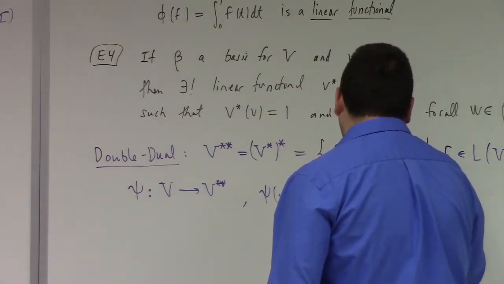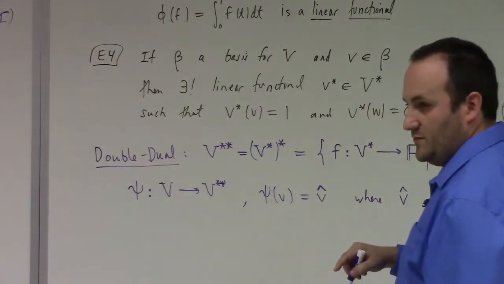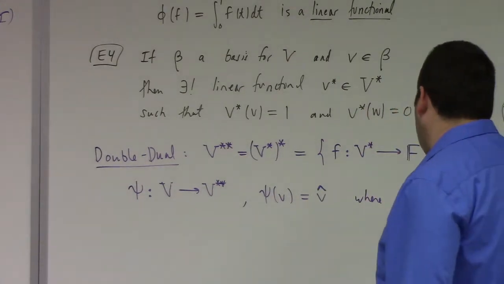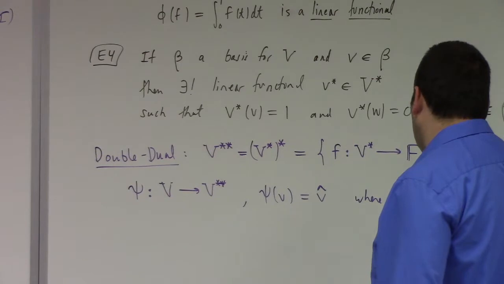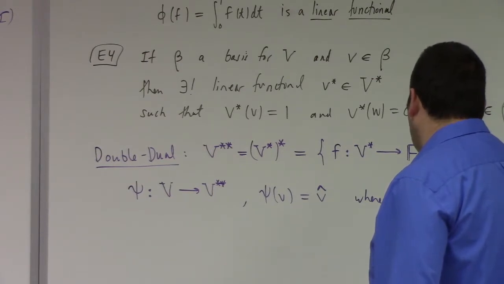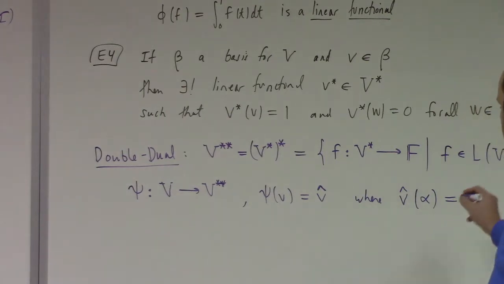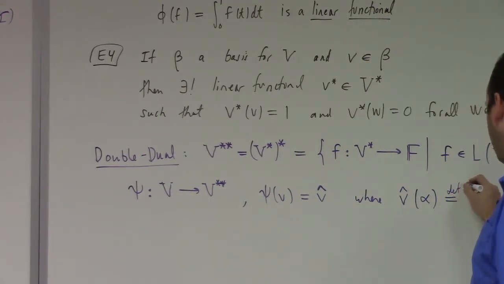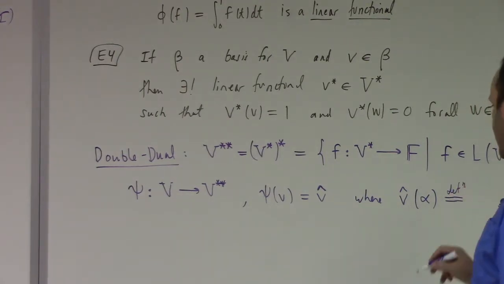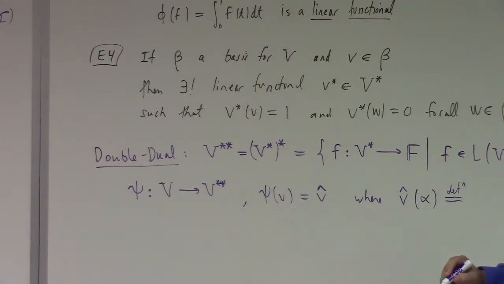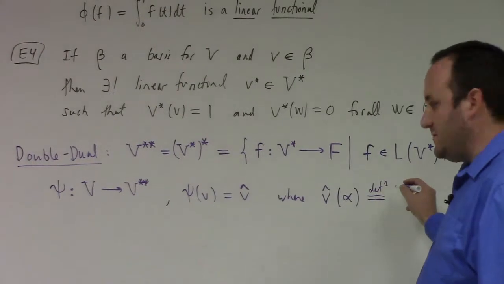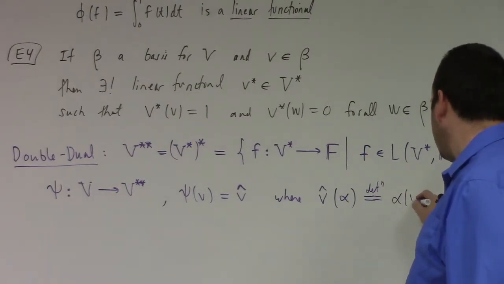Now if I'm saying v hat's in the double dual, right? So I have to tell you how v hat works on a linear functional or a covector alpha. So the answer is pretty much the only thing it can be, which is that it's alpha of v.